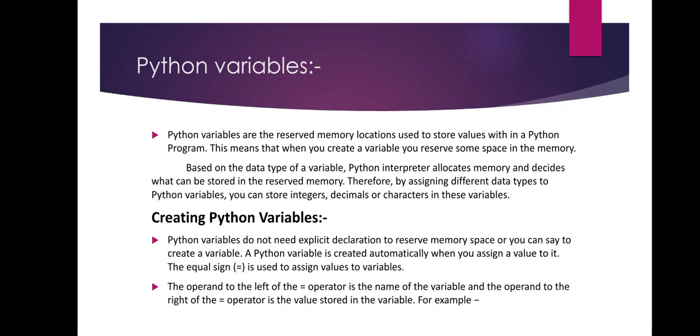For example, an integer data type may take 2 bytes, and depending on the data type it allocates 2, 3 or 4 bytes. So this is about Python variables.